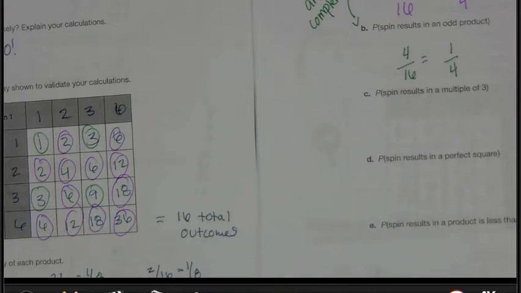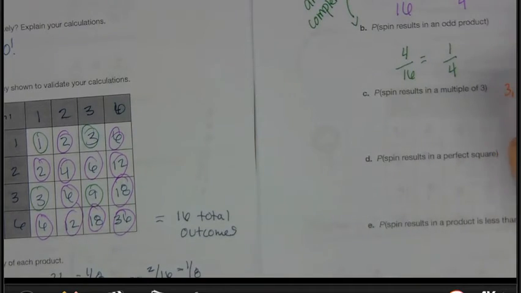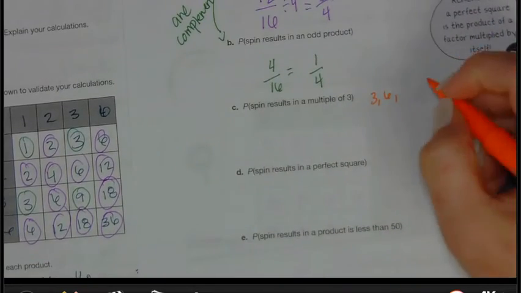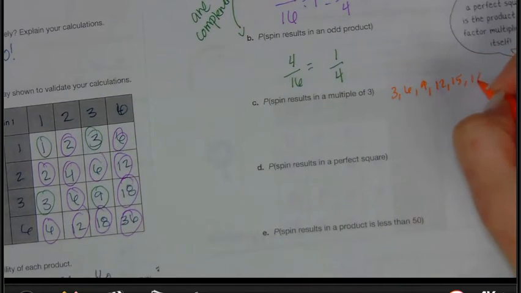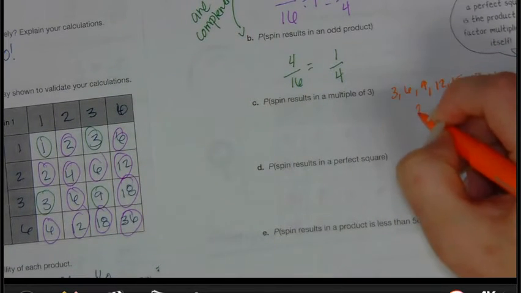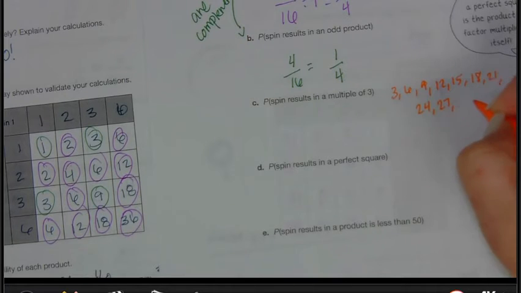All right, letter C, it's asking, what is the probability the spin result is a multiple of 3? Well, let's think about it. My multiples of 3 are 3, 6, 9, 12, 15, 18, 21, 24, 27, 30, 33, 36.